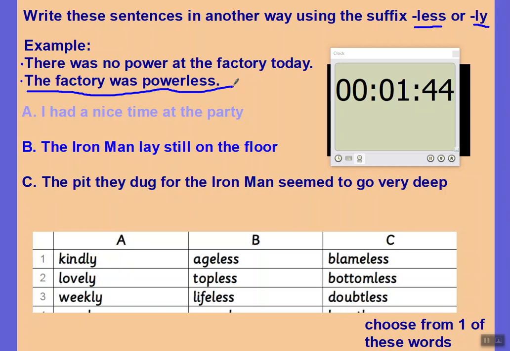Okay, so you've had more than a minute now. Make sure, again, like I said, you're writing the whole sentence. Say the sentence out loud. Make sure that it makes sense. Only one of those words is going to make sense in your sentence, okay? Don't forget, you can always make it more interesting by adding an adjective or a powerful verb.